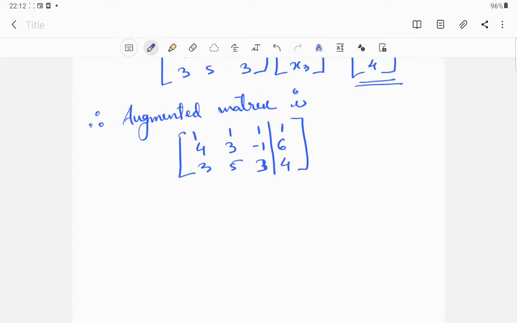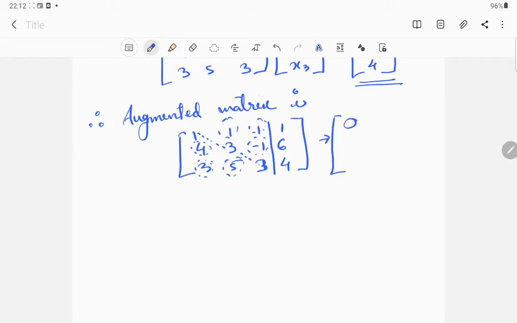We need to convert it into a diagonal matrix. So we will keep these three elements only, and all other elements will be 0. It should turn into something like this.